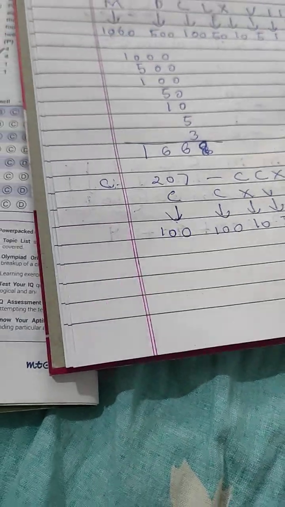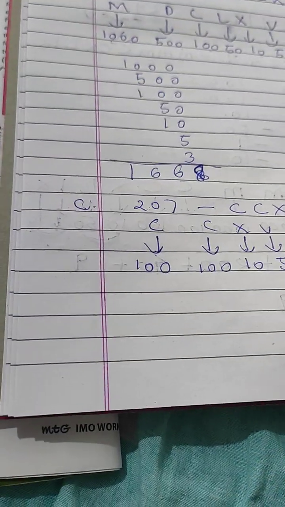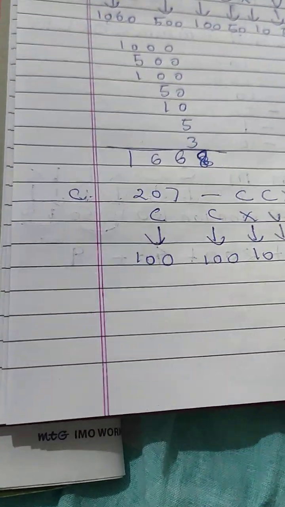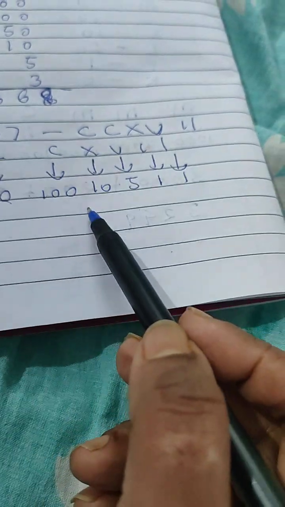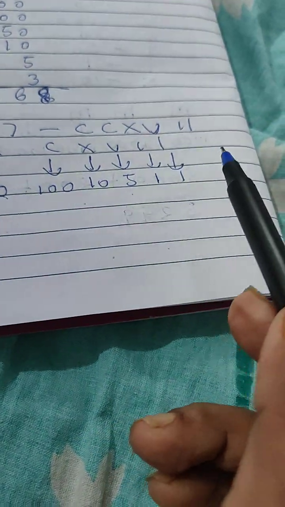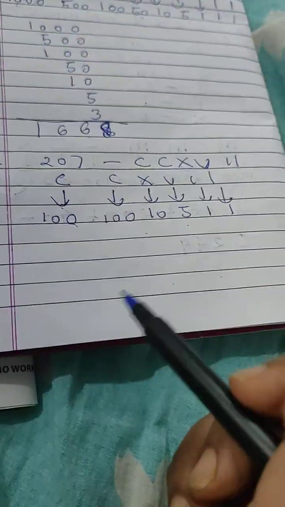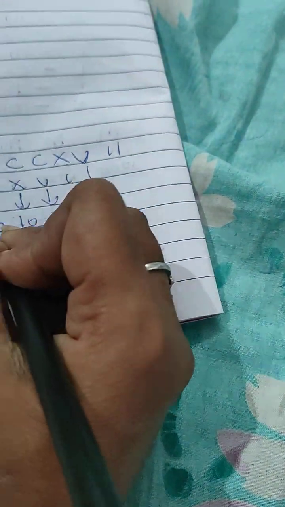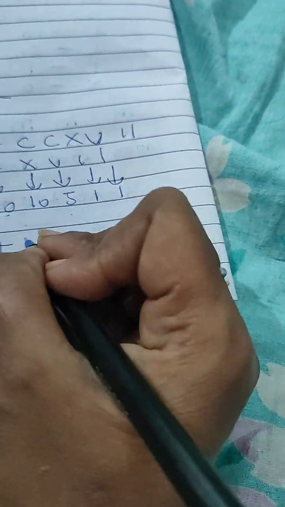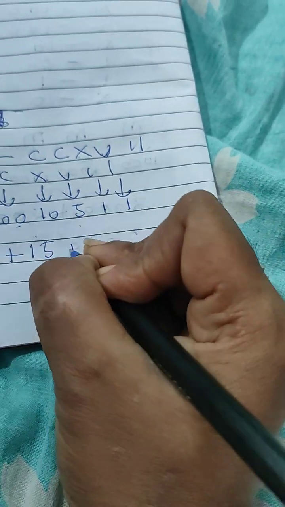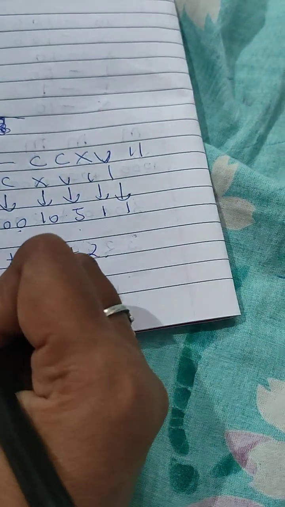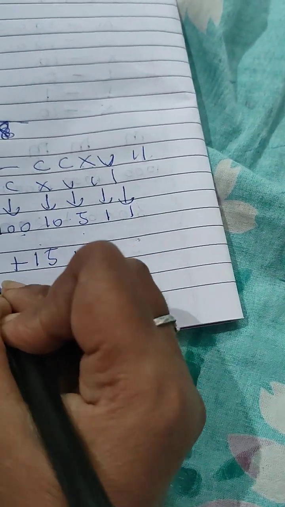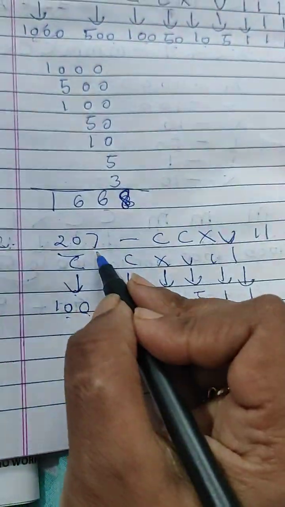So the sequence is in increasing order: 100, 100, 10, 5, 1, 1. So we don't have to do any kind of subtraction. 100 plus 100 is 200, 10 plus 5 is 15 and 1 plus 1 is 2, which gives us 217. But in our option C, it is 207. That's why it is wrong.